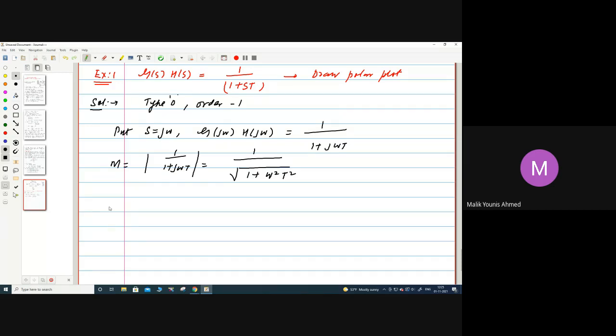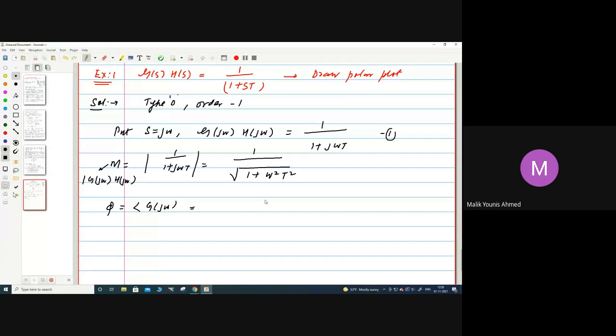Let me take the phase angle of this one. So the phase, for this equation 1 I am talking about, will be the angle of G of jw, H of jw. This is the magnitude, this is the phase. Now the angle of this: the numerator has no imaginary part, so that is 0.